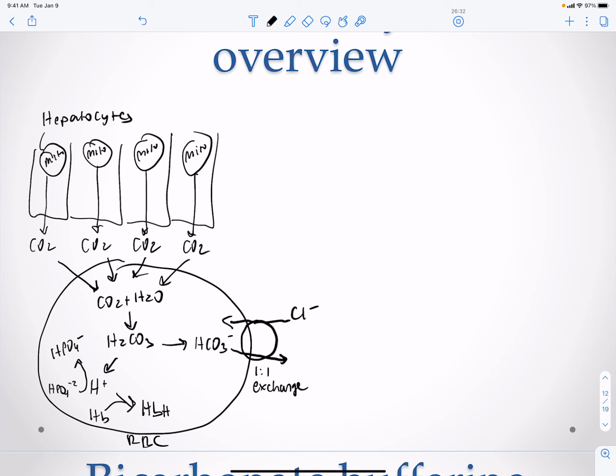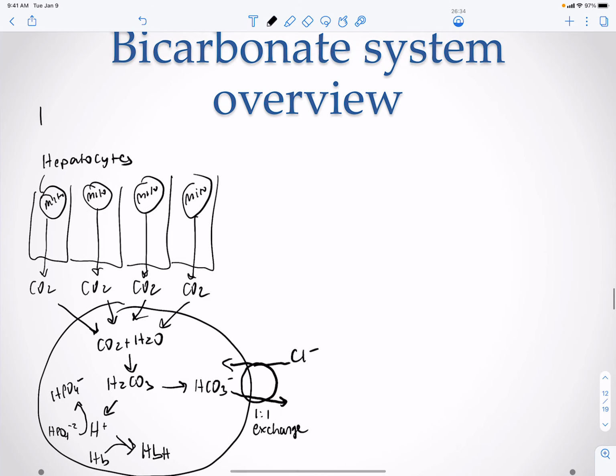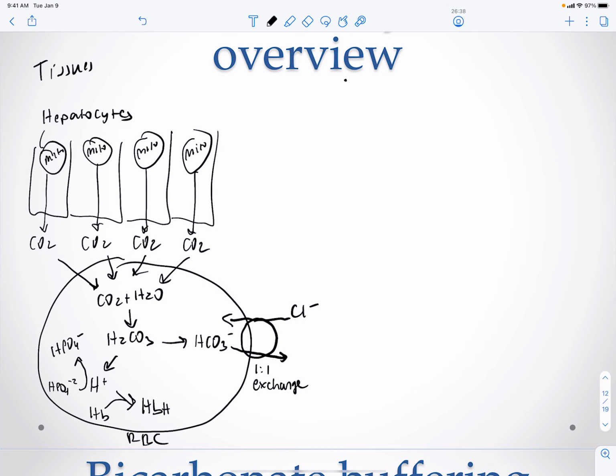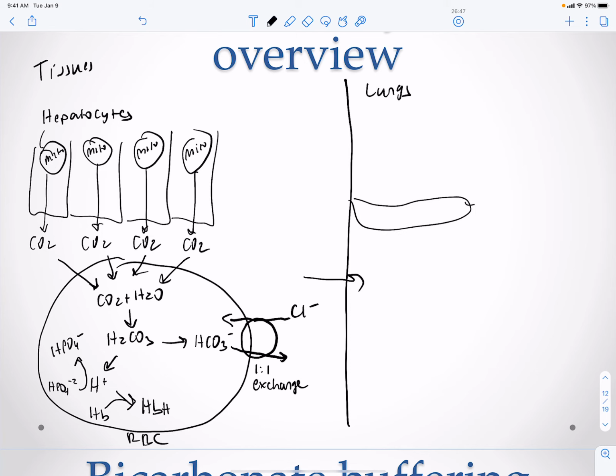Okay. Now, this is happening in the tissues. So over here is in our tissues. And then everything enters the blood. And eventually it makes its way to the lungs. And in the lungs, you have your alveoli. Just make them like little.